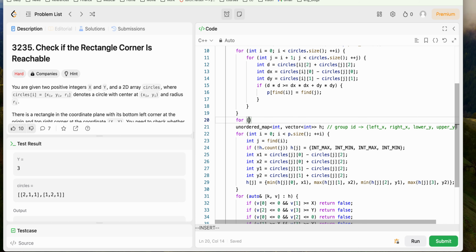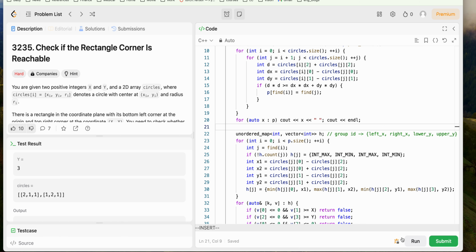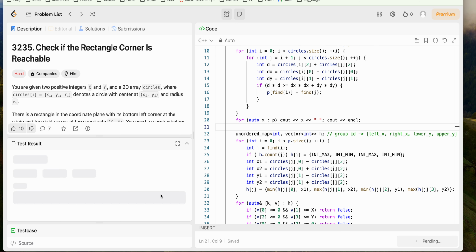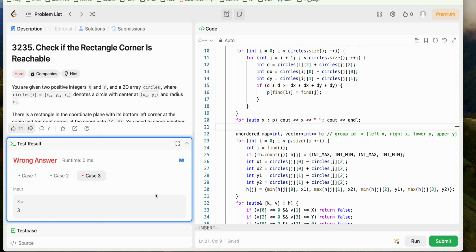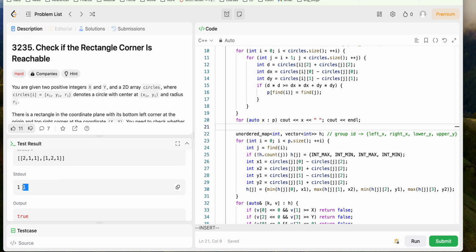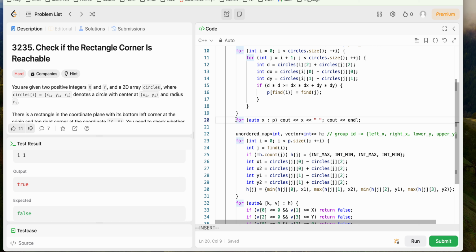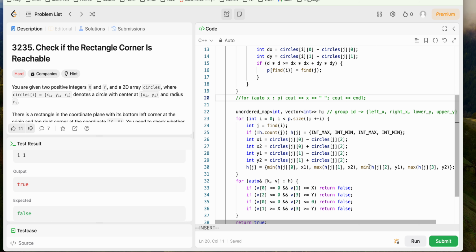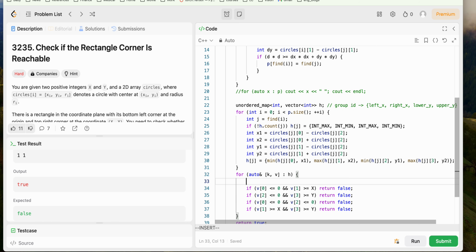So for auto x in p, we output all the group numbers, and they have the same group, so I suppose the groups are correct. Then we need to check K and V, right?